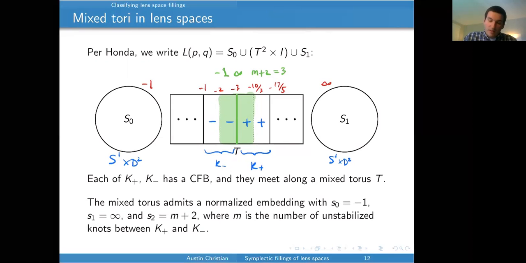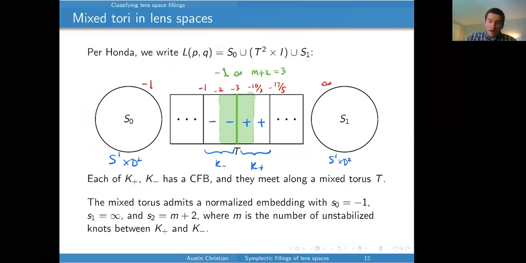So this will happen every time, and this really just amounts to getting into the nitty-gritty of Honda's classification and then doing some arithmetic and some change of coordinates on the torus. So we'll have -1, infinity, and then m plus 2.